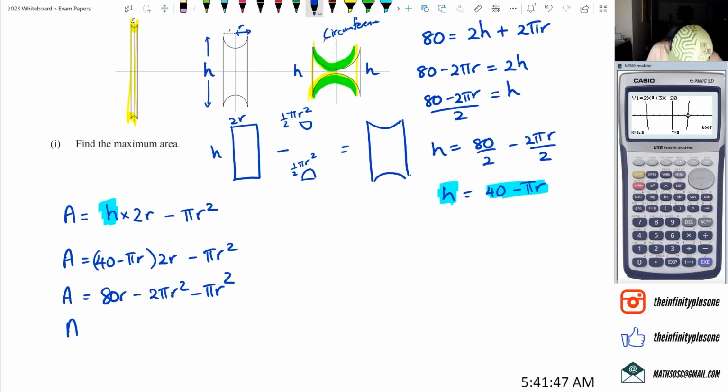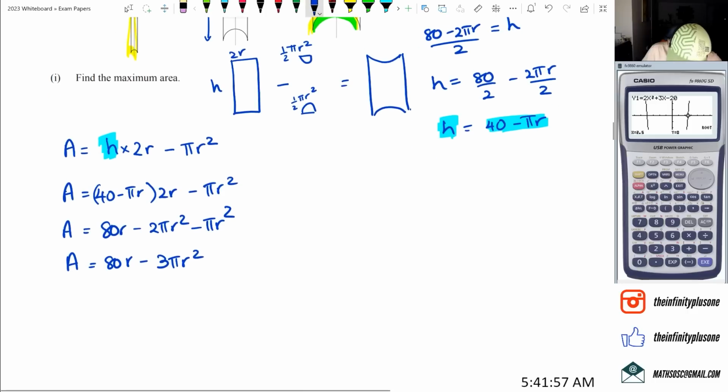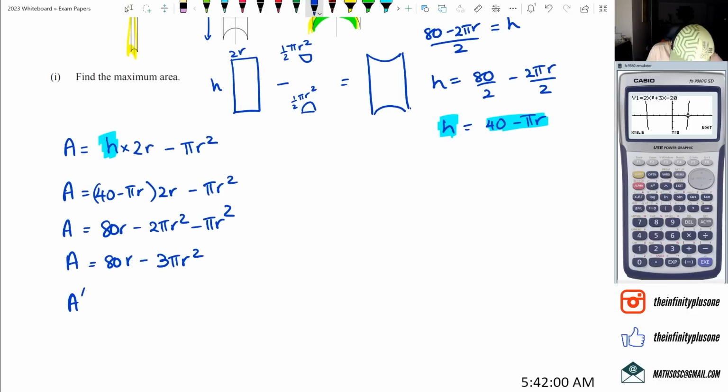So my area equation is 80r minus 3 pi r squared. At this point, I've got to differentiate and put it equal to 0. So A dash is equal to 80 minus 6 pi r.